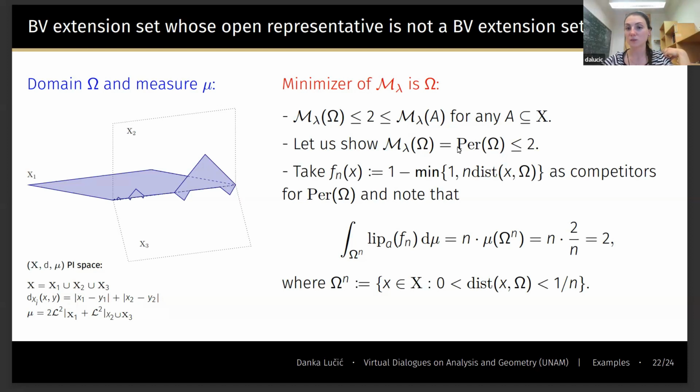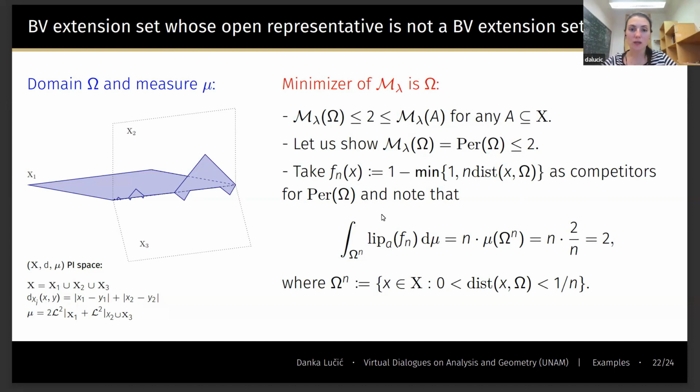So we are getting only the perimeter of omega. Given that the perimeter is the infimum among the limits of the sequences of such kind of things, we just need to exhibit a competitor for which this is going to be less than 2.